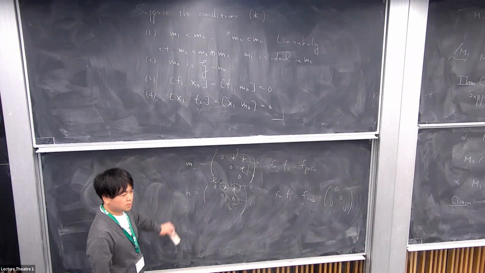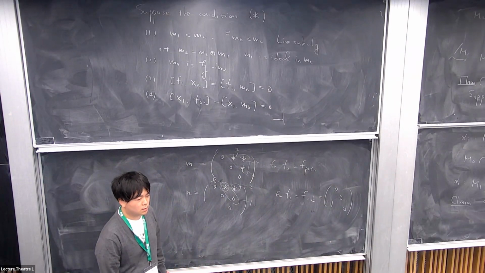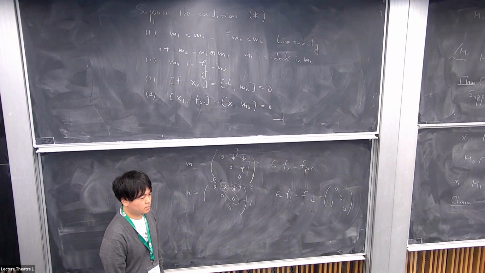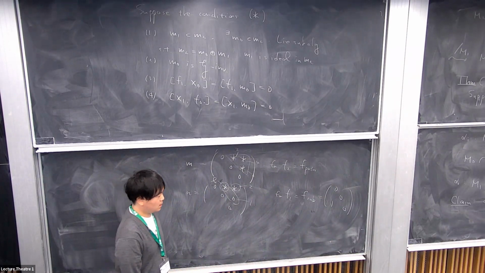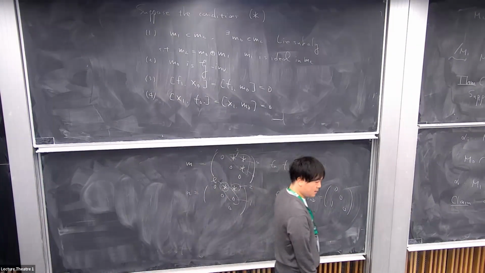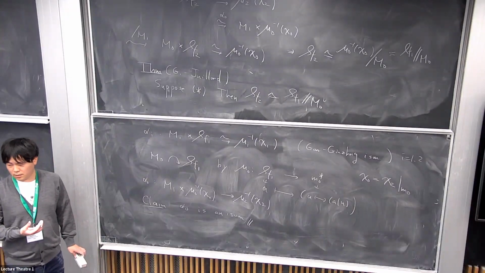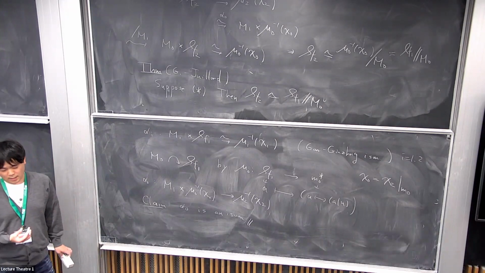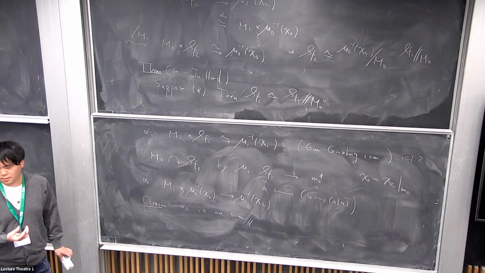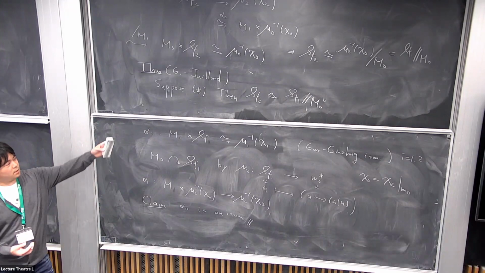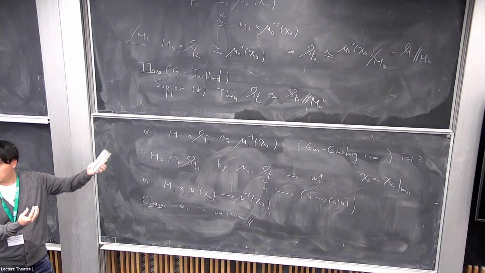One nice feature of the Slodowy slice is that it comes with a distinguished action of a one-dimensional torus. Well, maybe in your case it's less distinguished because it will depend on the choice of this good grading. Can this isomorphism be made compatible with the actions? Yes. For example, in the subregular case, we still have in G0 one Cartan semisimple element, and it gives a shift of the grading.